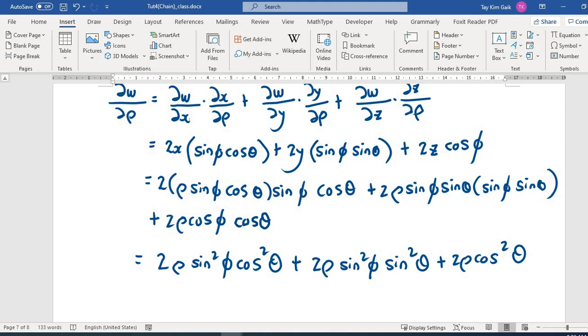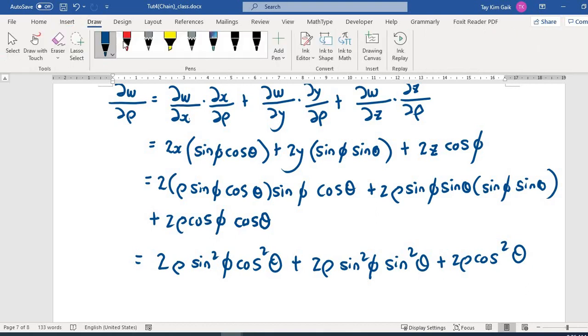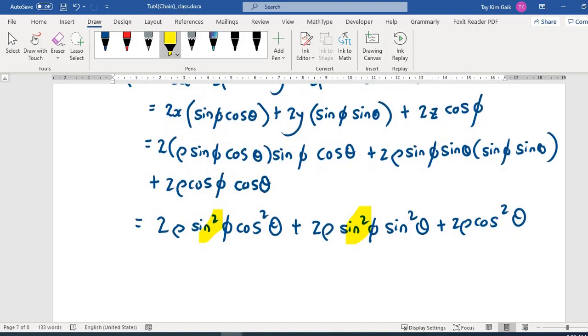So first of all, I'm going to simplify the first 2 terms by factoring out the term highlighted with yellow color.